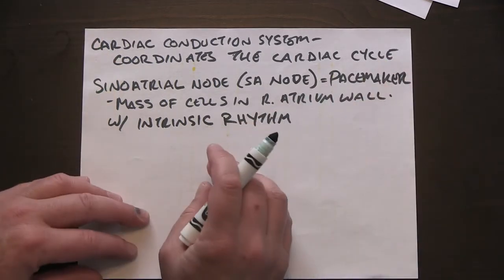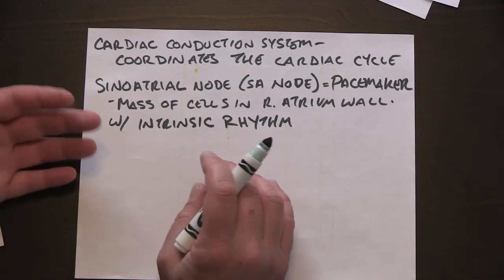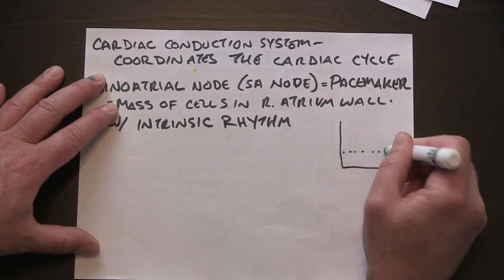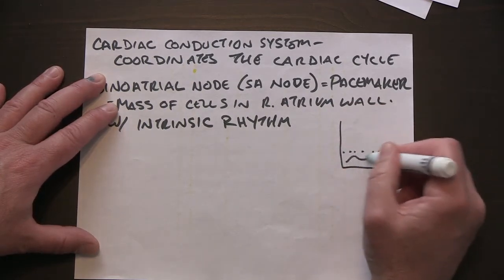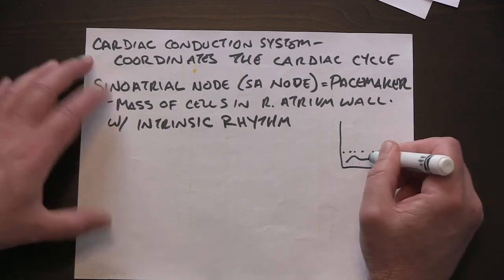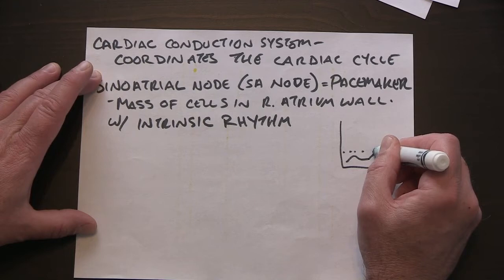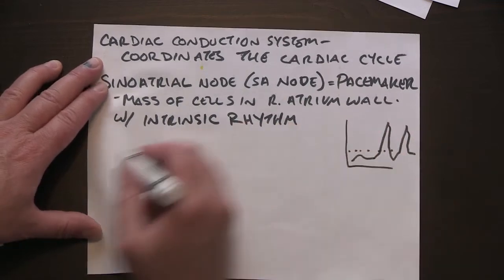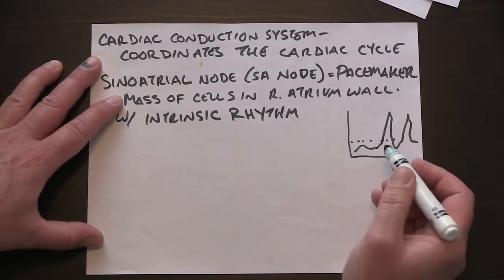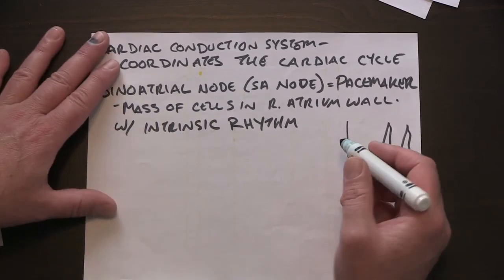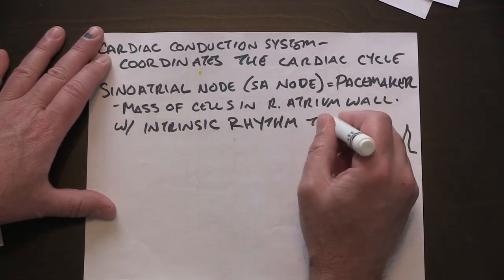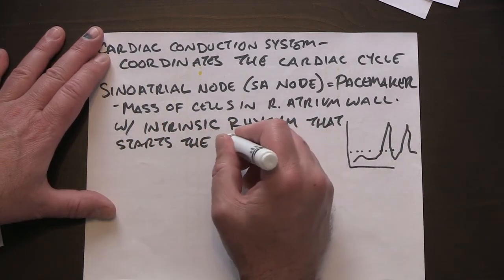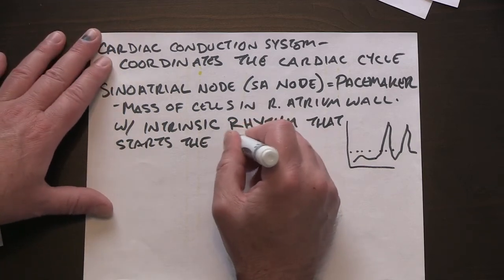It's a little complicated and beyond the scope of the class, but we talked about in the nervous system that if you did not reach threshold stimulus, the nerve wouldn't fire. Well, the heart has this kind of leaky pattern to it, and it allows it to depolarize on its own. Intrinsic means built in. So that starts the cycle.